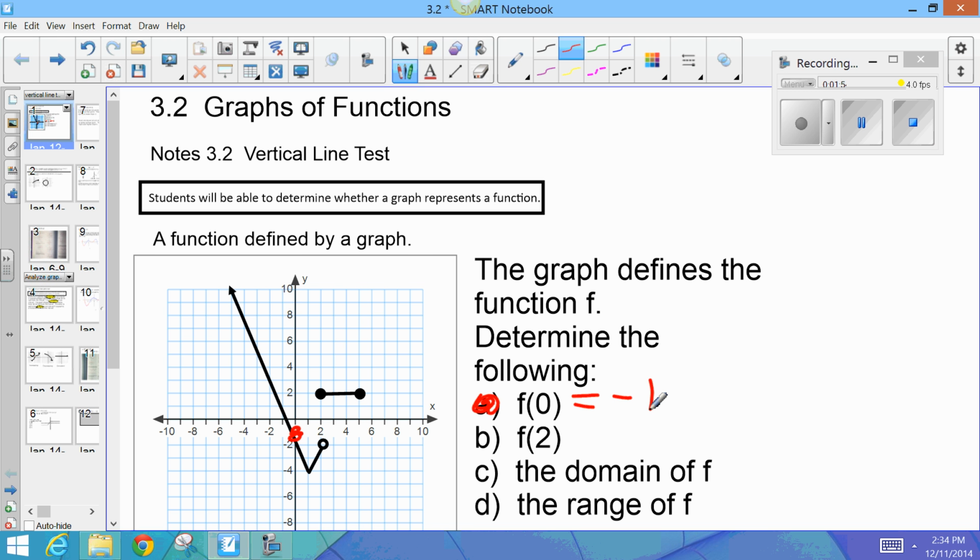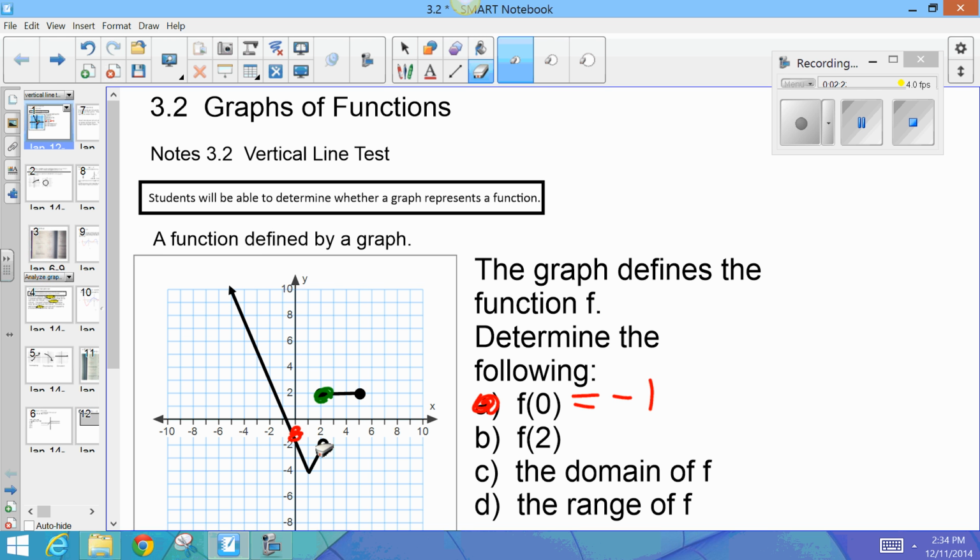If I take a look at f of 2, I've got two different places where the x-coordinate is 2. But I just covered it up, let me erase that. This one here has a hole in it, which means that the graph continues up until that point, but does not include that point.